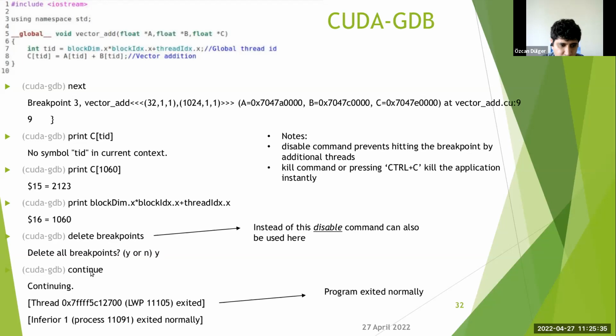Then when we enter continue, our program exits normally. Of course, there is another way to exit your program normally. Instead of using delete breakpoints, if you use the disable command here, then your program again exits normally.